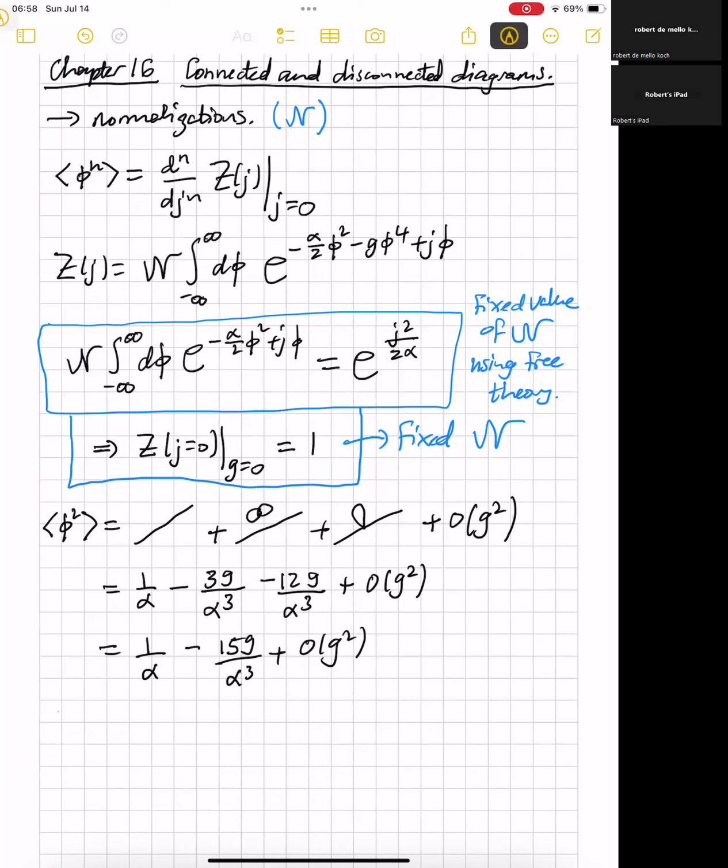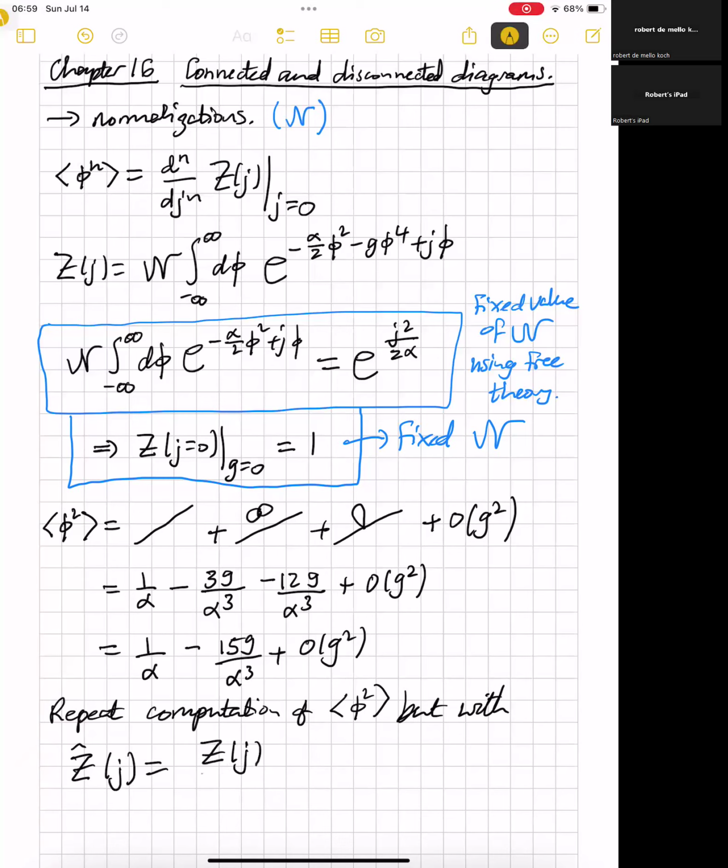Now, I want to repeat the computation of phi squared, but now we will take z hat of j to be equal to z of j divided by z of 0.